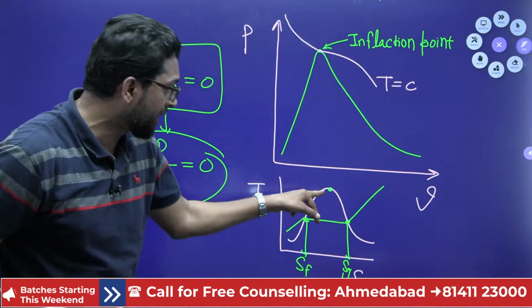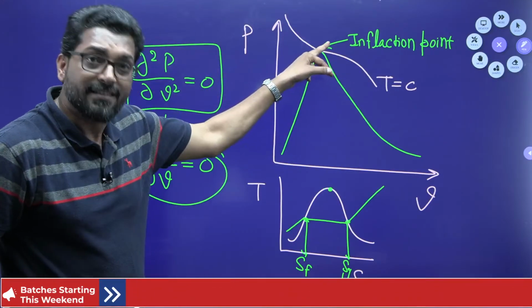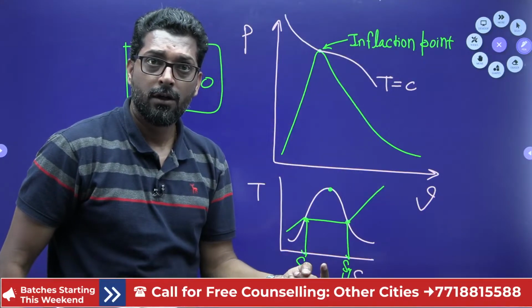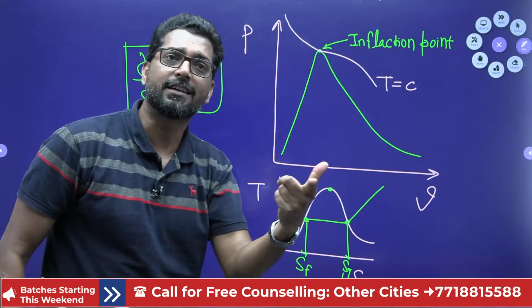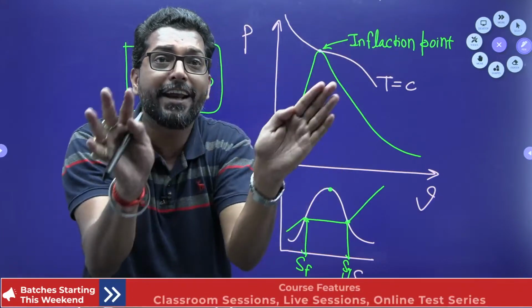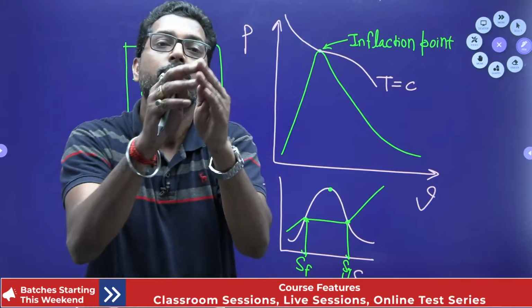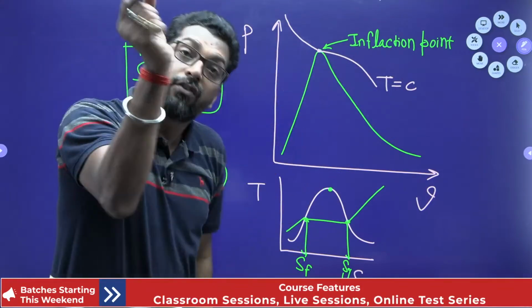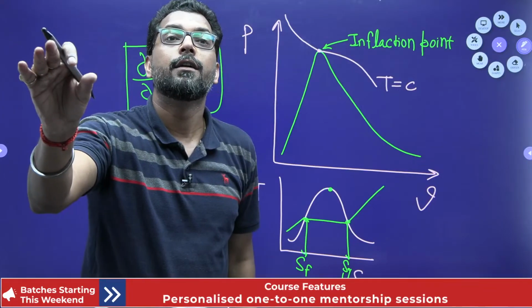That means entropy is fixed. Yes, it is fixed. Why? Because at the triple point, the degree of freedom is 0. That means all the properties are fixed at that point. No other extensive or intensive property is required to define the state. That means this critical point is a fixed point, no need to define.